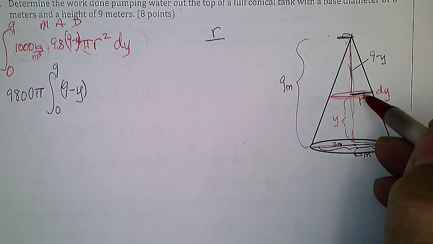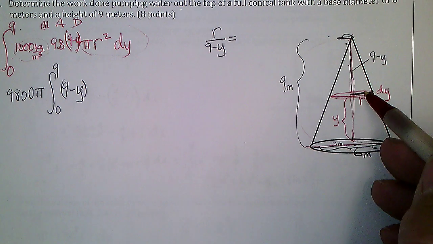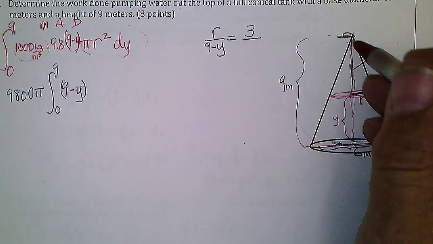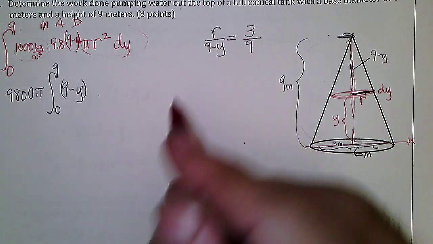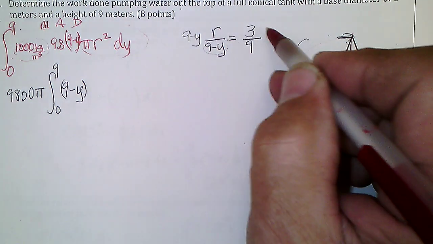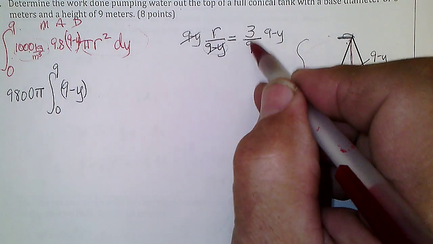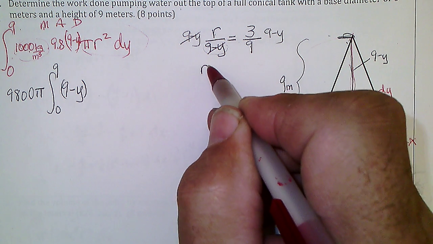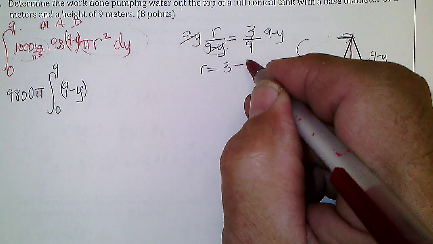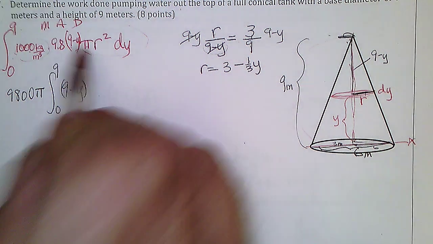So I'm going to start with r. R is to 9 minus y as 3 is to 9. To solve for r, I just need to get this out of there, so I'm going to multiply by 9 minus y. And I get, and this is 1/3, so I get r equals 1/3 of 9 and 1/3 of minus y. And I've got to square that.